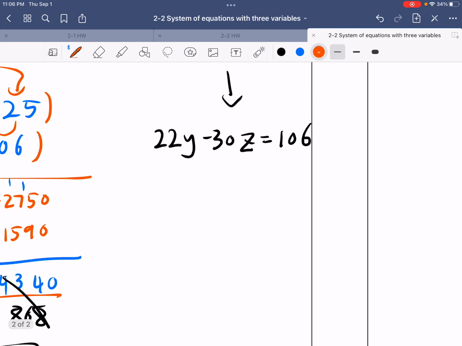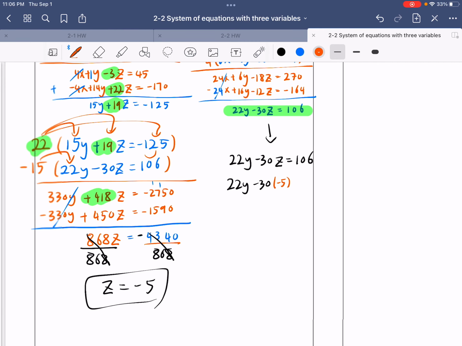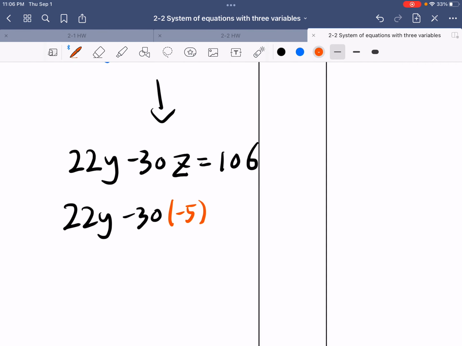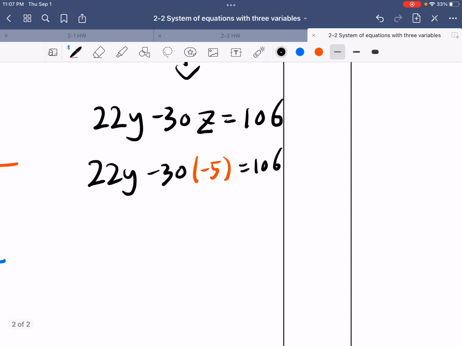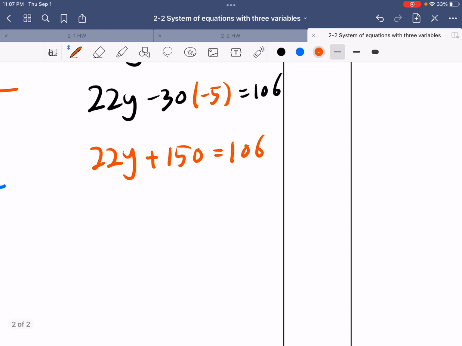And instead of Z, so 22y, negative 30, but instead of Z, I'm going to put negative 5 because that's what I got for Z here. Equals 106, 22y is equal to negative 30 times negative 5 will give you positive 150. Trust me, I'm not going to make same mistake again. So minus 150 both sides.